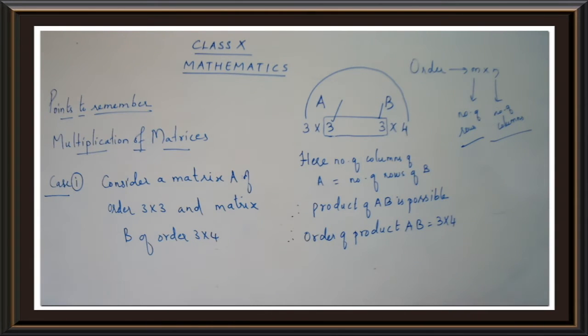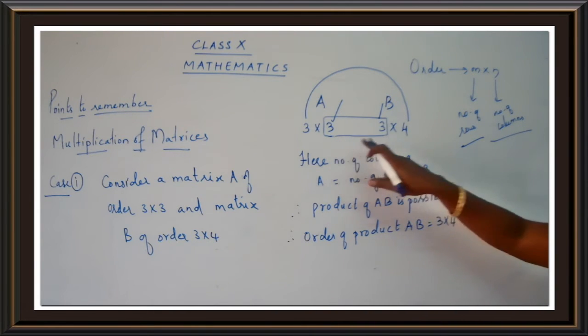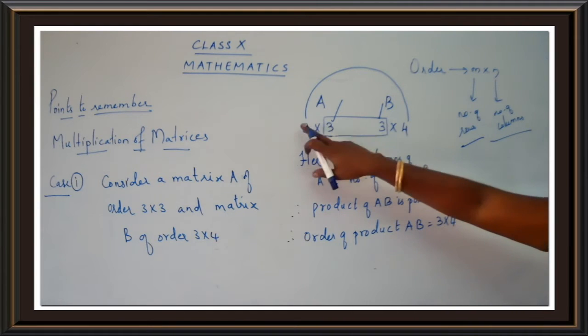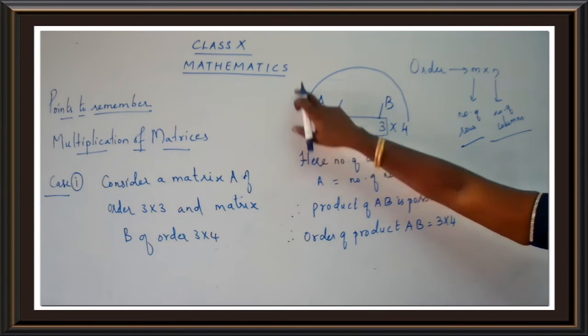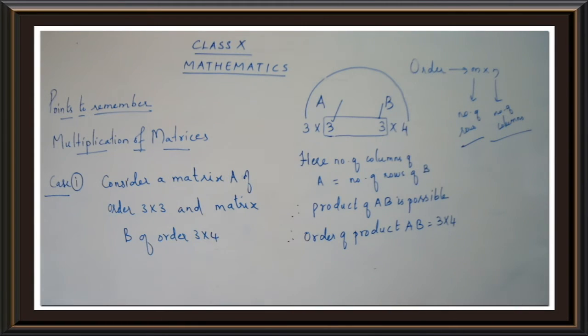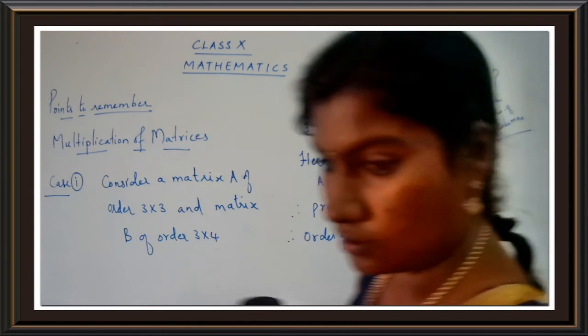So you will get a new matrix of order 3 cross 4. See here, we took 3 cross 3, we took 3 cross 4, and you are going to get a matrix of order 3 cross 4. So how do you get this 3 cross 4? The left out number, the row of A and the column of B. Write down this point, children.